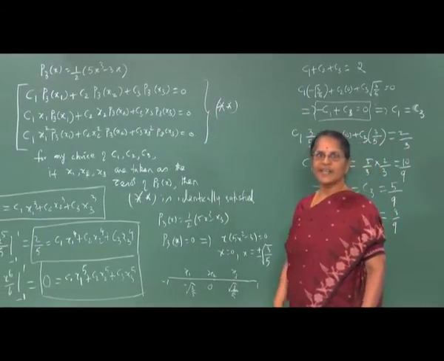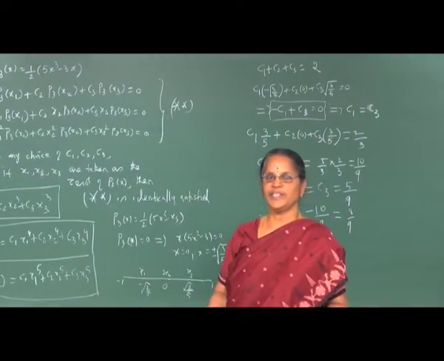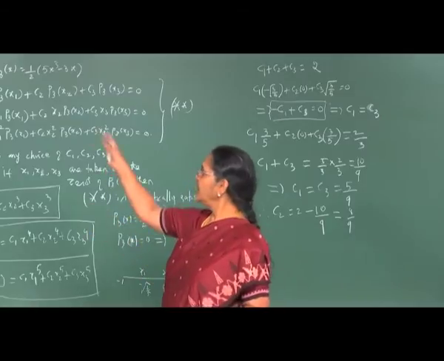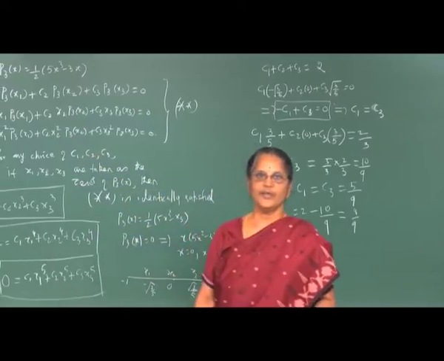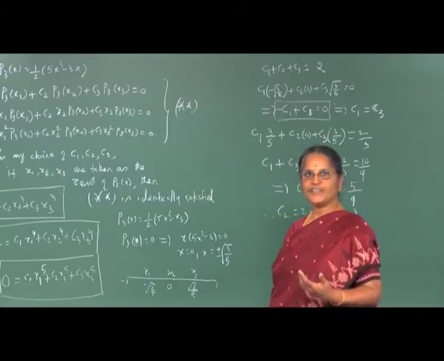It tells us that when n is 3, the nodes are the zeros of P3 of x equal to 0. Earlier we saw when n is 2, the nodes must be chosen such that they are the zeros of P2 of x equal to 0.